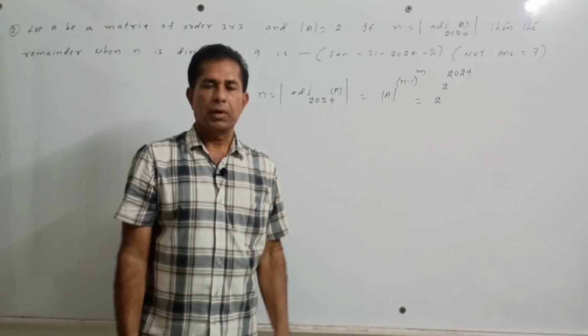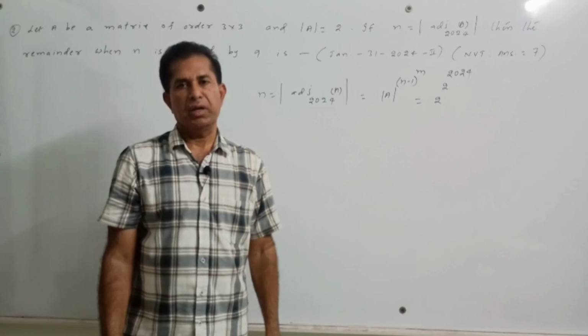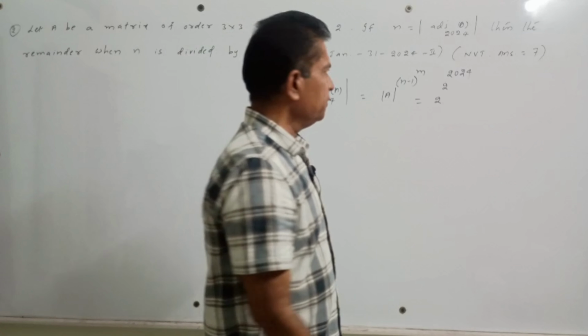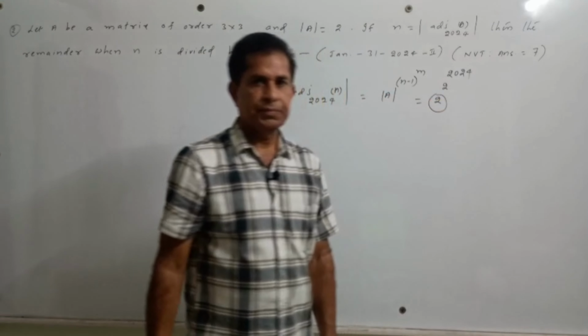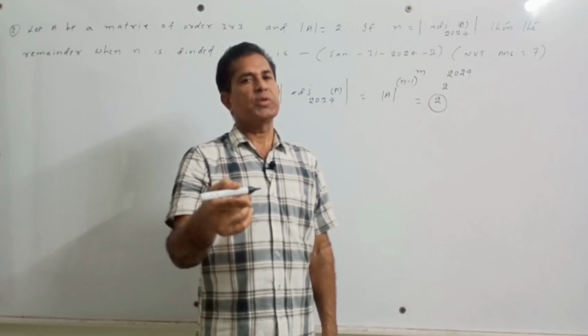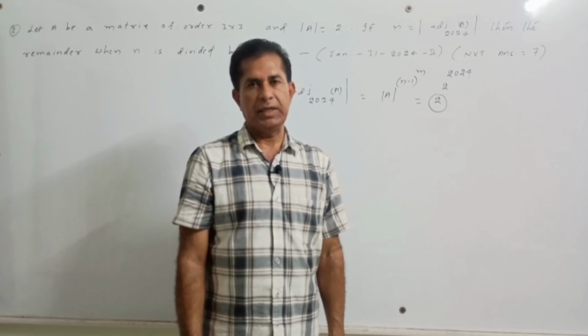2024. When that number is divided by 9, we have to calculate the remainder. Because the divisor is 9, I want to convert that base to 8. When 8 is divided by 9, the remainder becomes minus 1, so that we can calculate the remainder very easily.